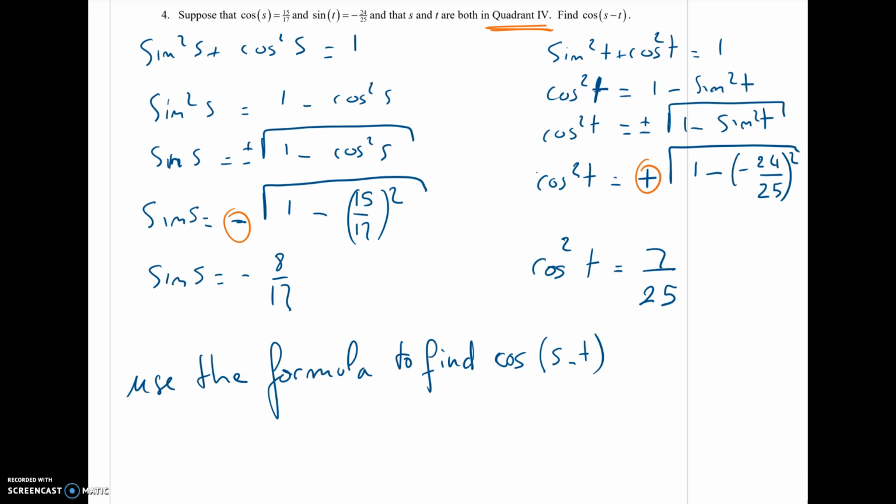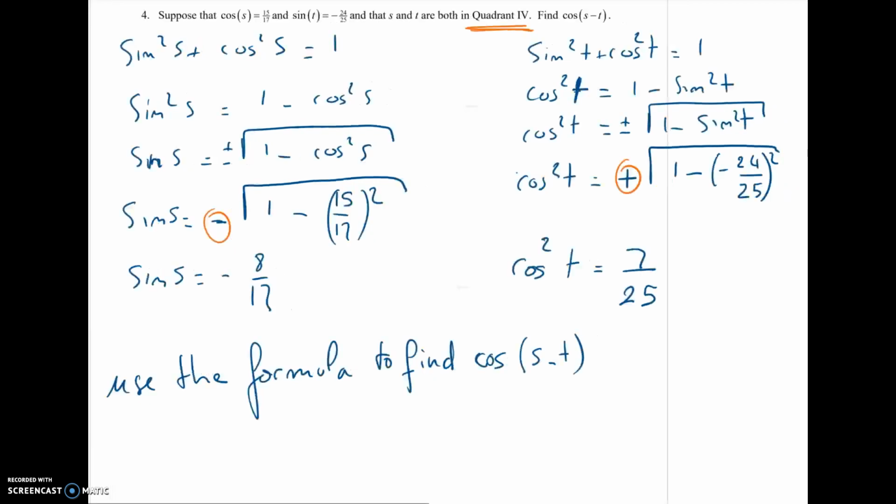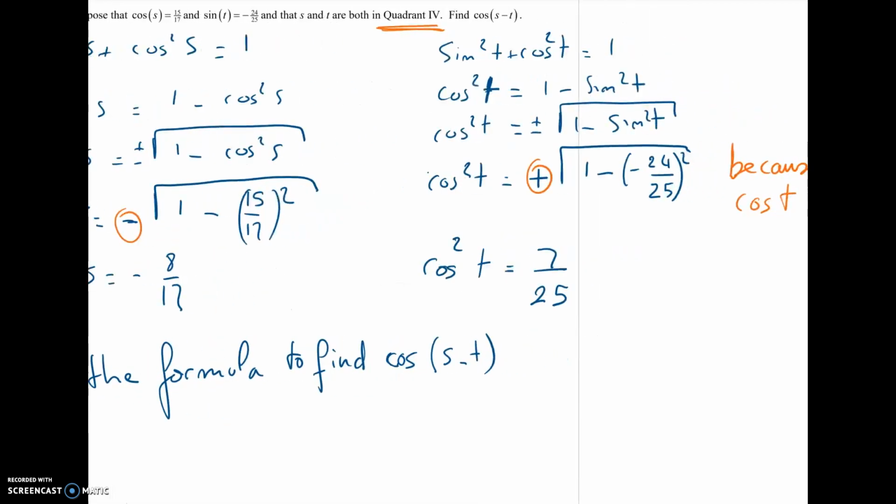Once you have found sine S equal to negative 8 over 17, to find the expression of cosine T, why do you need cosine T? And by the way, right here I made a mistake, there is no square. To find the expression of cosine T, you need to use sine squared T plus cosine squared T equals 1.